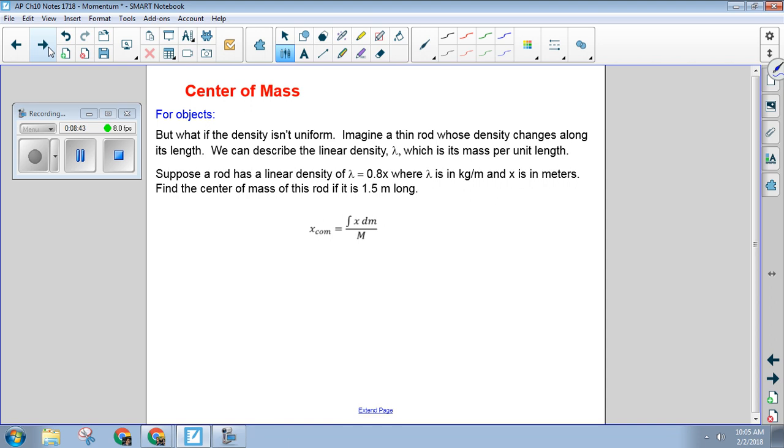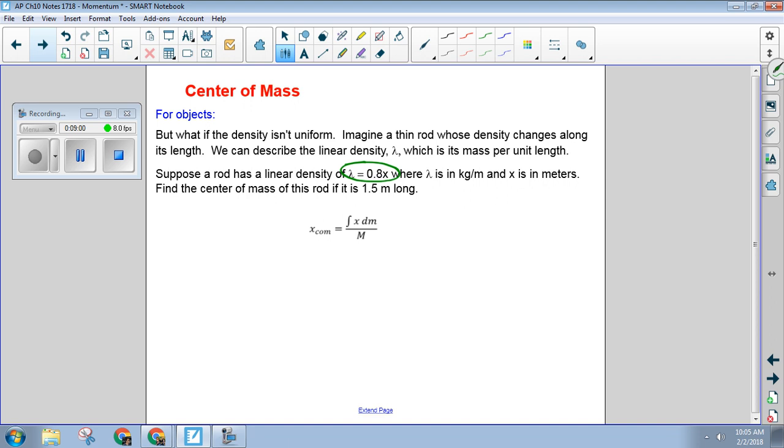So in that circumstance, what we do is we talk about what's called linear density. The linear density is the mass per unit length. And so we can write an expression that describes that linear density.